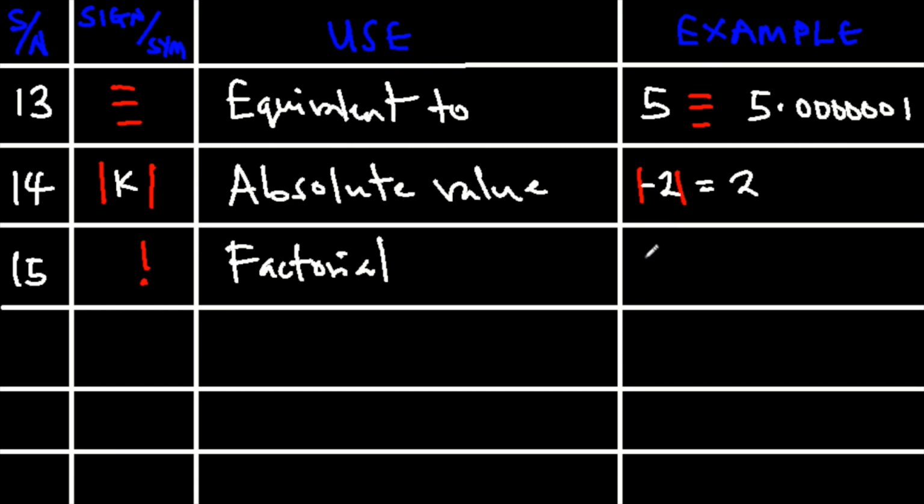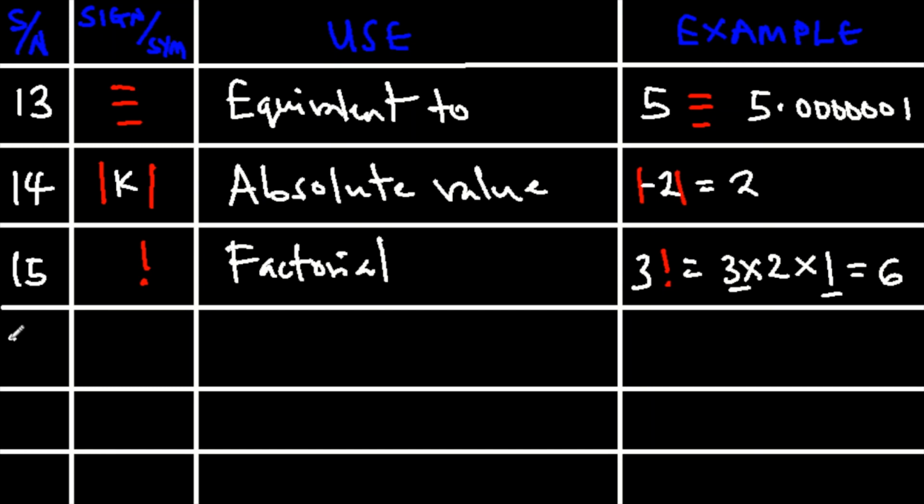For example, let's say we want to find 3 factorial. Three factorial is equal to 3 times 2 times 1. So guys, as you can see, whenever we want to find the factorial of a number, we basically keep on multiplying from that number till we get to 1. As you can see in our example here, 3 factorial is 3 times 2 times 1, which is equal to 6.